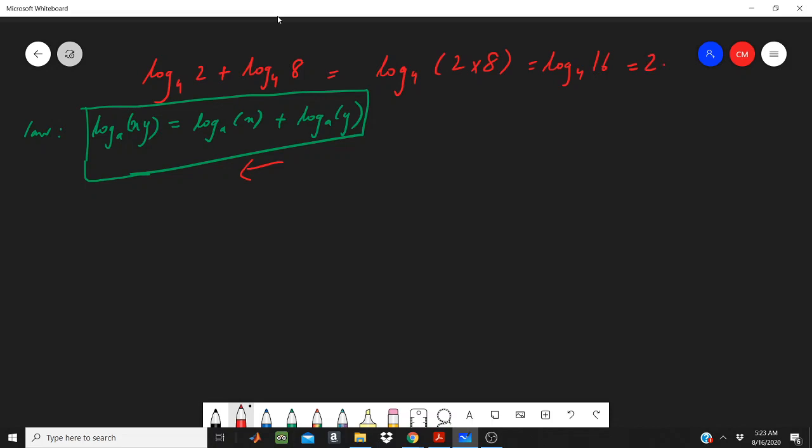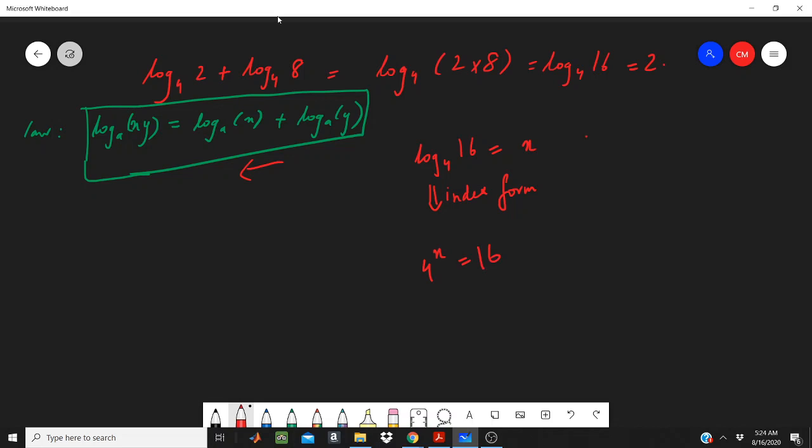Now, you're probably wondering, why did I write 2 for log base 4 of 16? Same thing, the logarithm computes the power. So log base 4 of 16 is some power. Let's write it as x. In index form, this is written as 4 to the power of x equals 16.